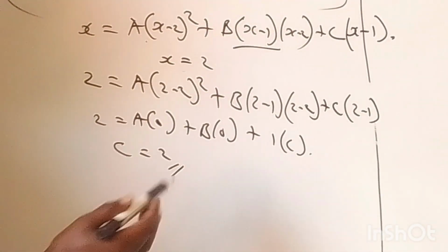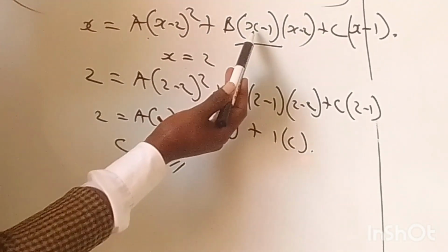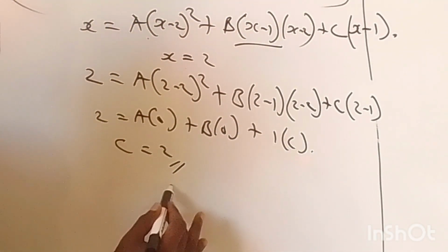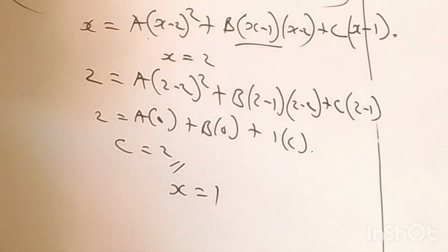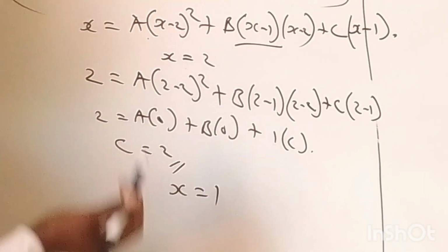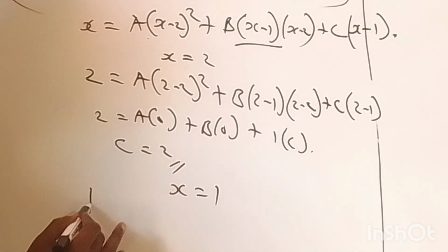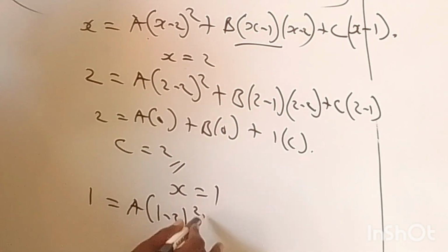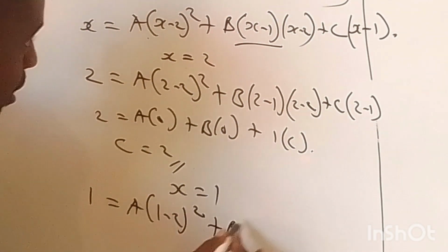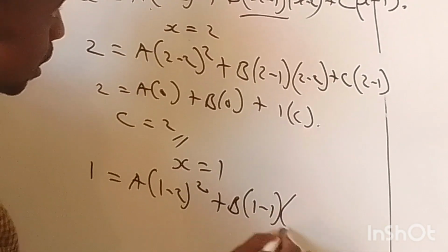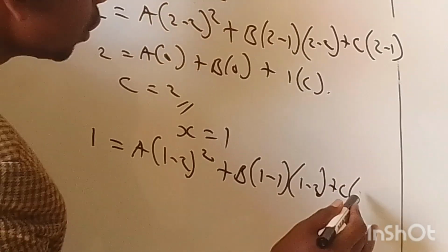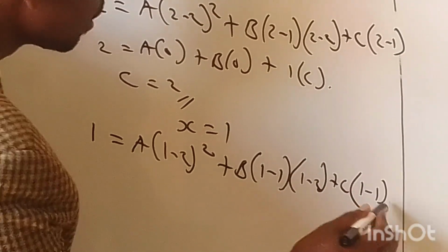Again, when we put x is equal to 1, it's also going to eliminate some terms. So let's put x equal to 1 and substitute back. We have 1 is equal to A times (1 minus 2) squared plus B times (1 minus 1)(1 minus 2) plus C times (1 minus 1).